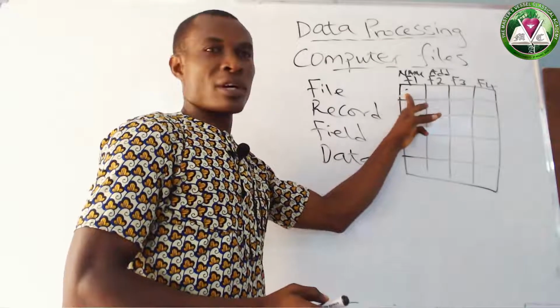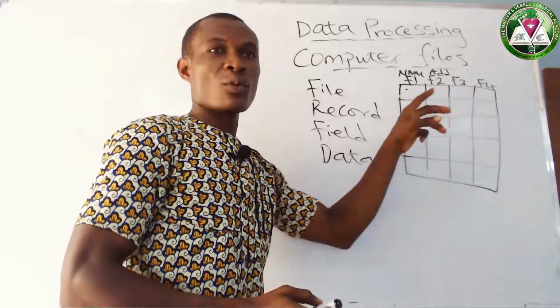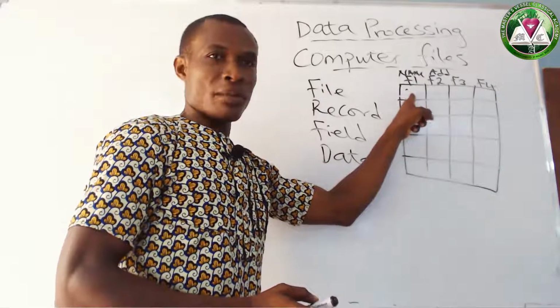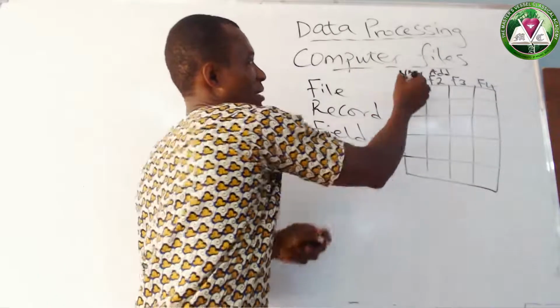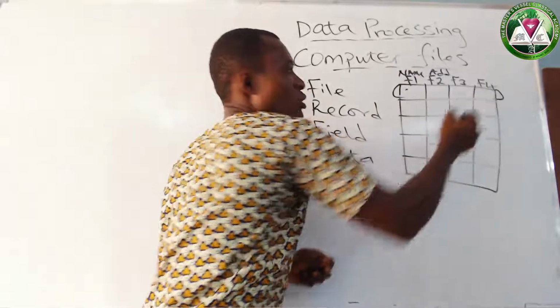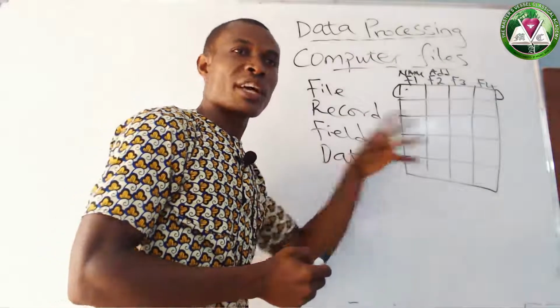If Emmanuel is the name here, every other thing written here will be particulars of Emmanuel. And from this place to this place, we will now give you the record of that student called Emmanuel.